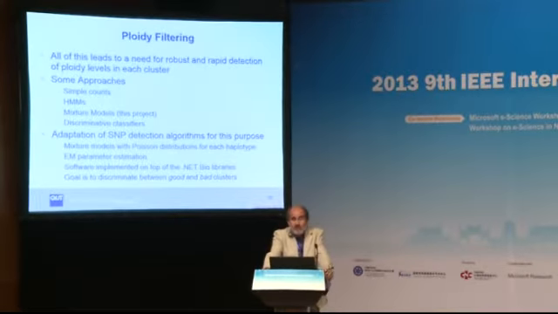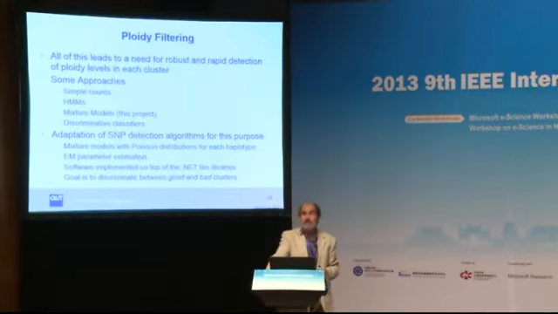So we need to have some rapid and robust method for detection of ploidy levels within the cluster. Previous approaches, and the one that's being used in the pipeline at the moment, is the use of a simple count and some very simple metrics derived by maximum likelihood estimation based on top of those counts. But other suggestions have included hidden Markov models and discriminative classifiers such as logistic regression or the support vector machine.